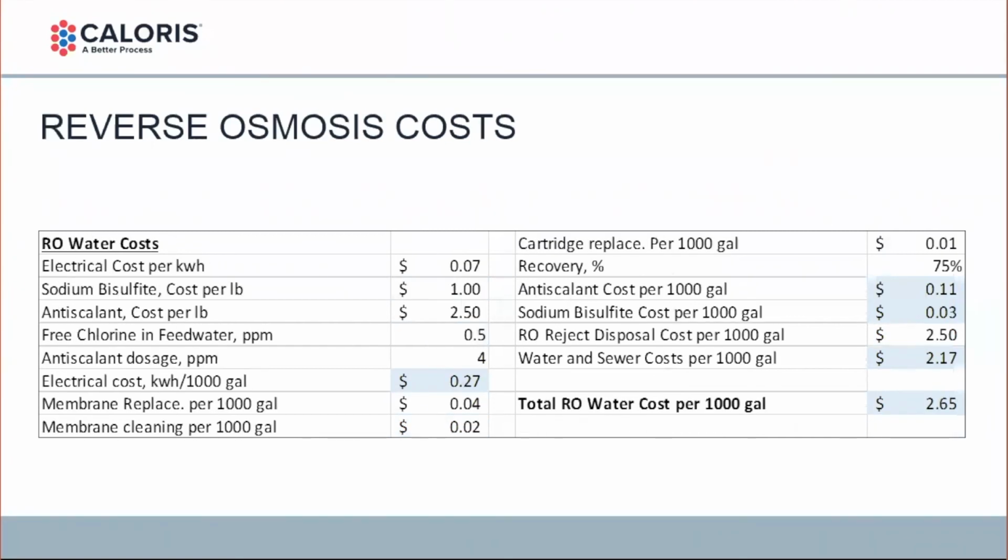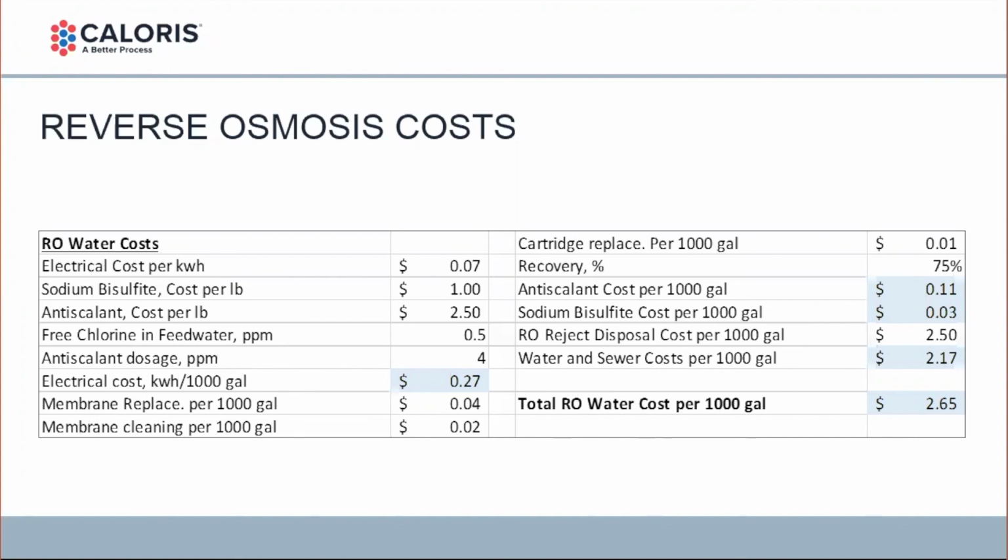Now the reverse osmosis cost. One of the big ones is going to be electrical costs. I'm using 7 cents per kilowatt hour, and I'm also going to use some sodium bisulfite as the antioxidant to remove the chlorine. That's $1 per pound.